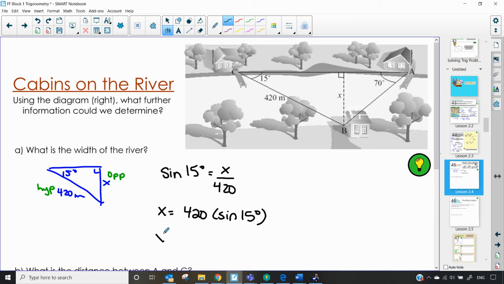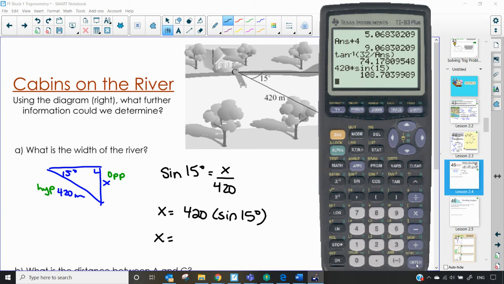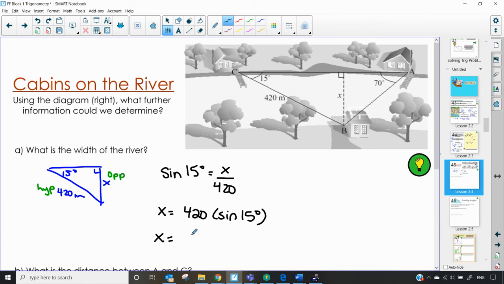Notice all the way along the way, I'm trying to remember to use my degree symbol. All right, so I'm going to have 420 times sine of 15. And that gives me 108.7 meters. Again, I'm rounding on paper, but if I need this number again, I will use the exact one in my calculator.